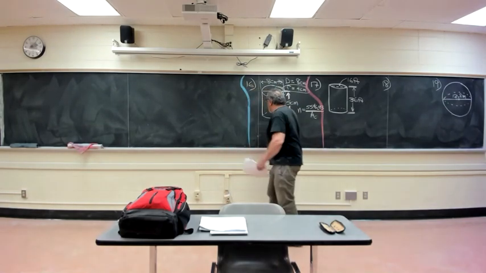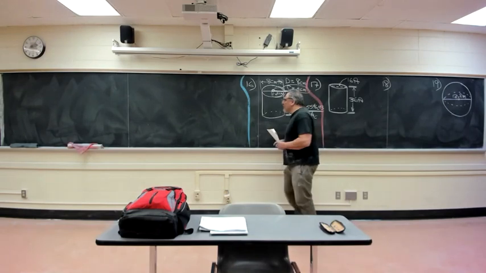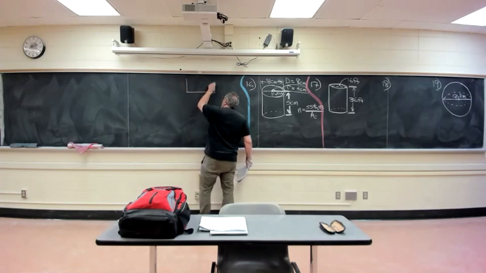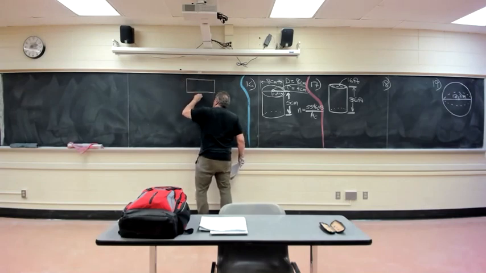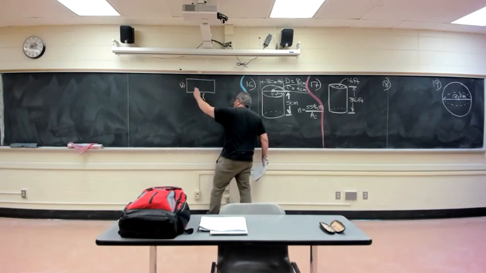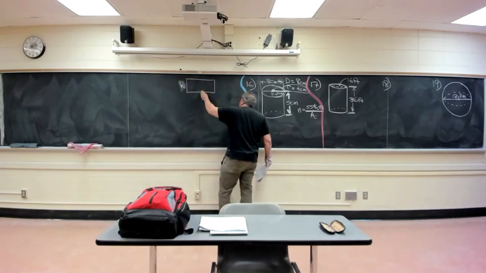Well, let's find out what the circumference is and then multiply by the height. I mean, I guess a rectangle, you guys, is length times width, or length times height, and that'll get you there.